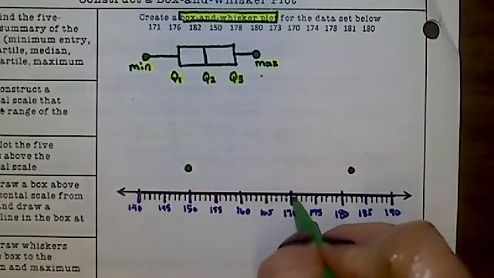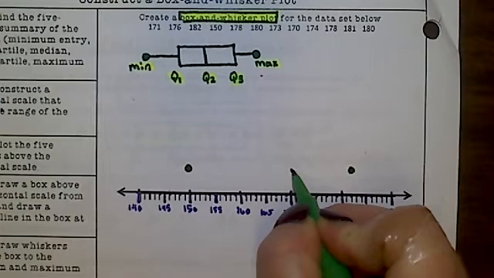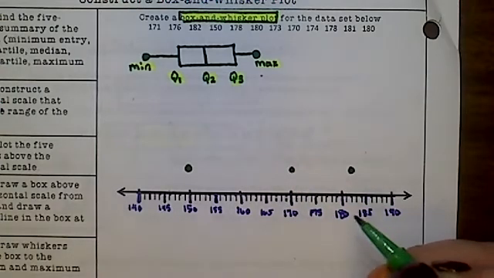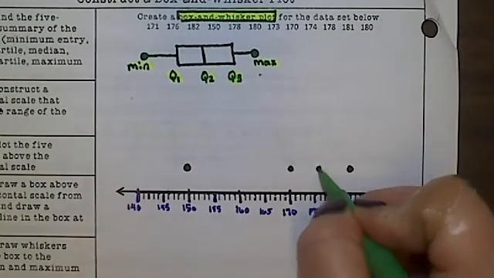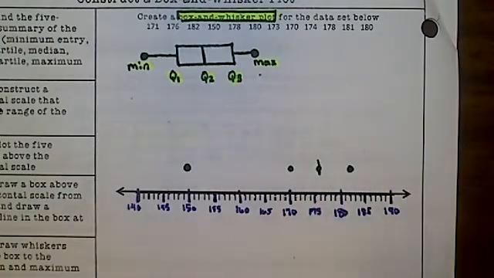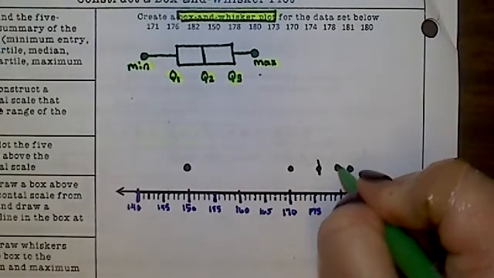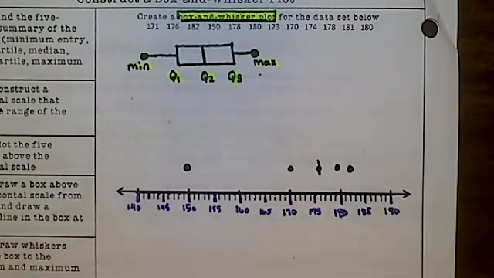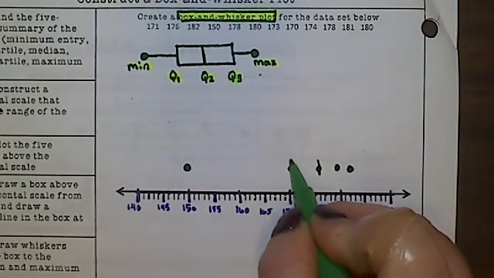Our highest point was 182. Our Q1 was at 171. Our Q2 was at 176. Draw a line through that one. And our Q3 was at 180. So this is where the box will come from.